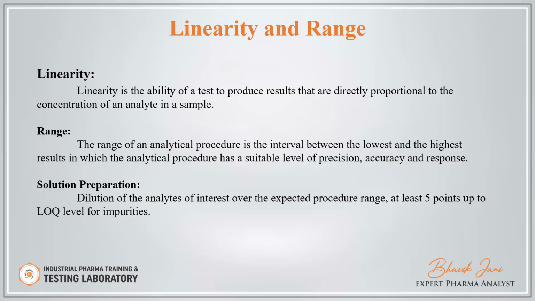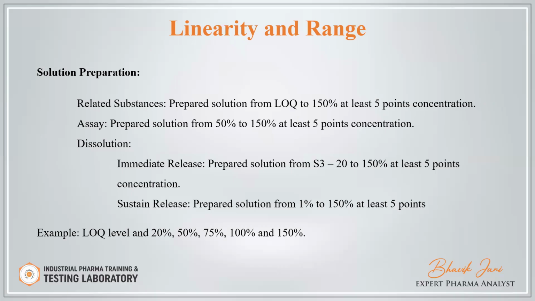So how to prepare the solution? Dilute the analyte of interest over the accepted procedure range, at least 5 points up to the LOQ level for the impurity. For the linearity, you have to prepare a minimum of 5 levels from the LOQ to 150 percent. Like for the related substance, prepare the solution from LOQ level to 150 percent, at least 5 point concentrations.